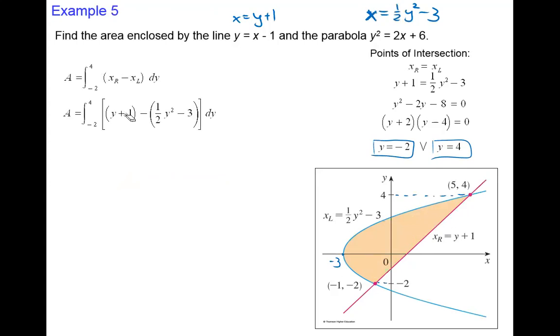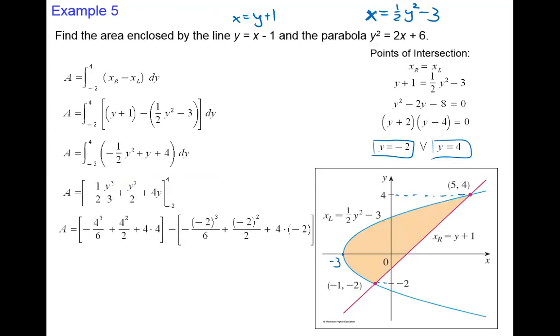We can see the parabola is on the left, the line is on the right, and the limits are from -2 to 4. Really nice question. What I did is simplify a little bit inside, integrate, substitute 4, substitute -2, simplify, and get the answer.